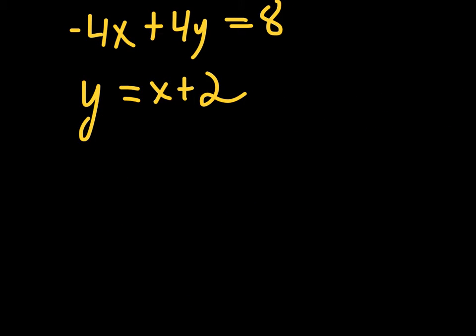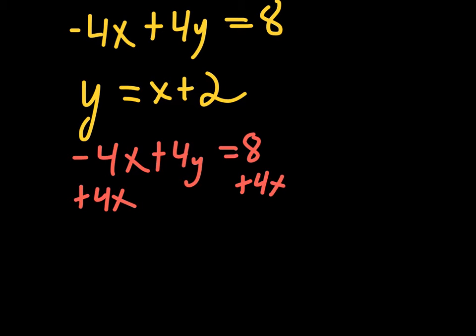So here's a practice problem for you to figure out. Pause the video, work it out, and see what you can come up with. All right, I see that I already have one that's in slope-intercept form. But this one is not, so I'm going to put this in slope-intercept form. And I'm just going to rewrite it underneath here so I have a little bit more room to work. I'm going to add 4x to both sides.